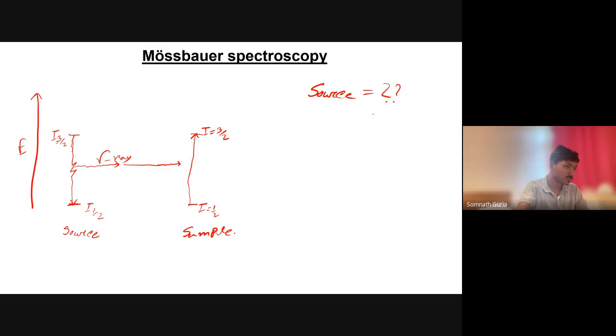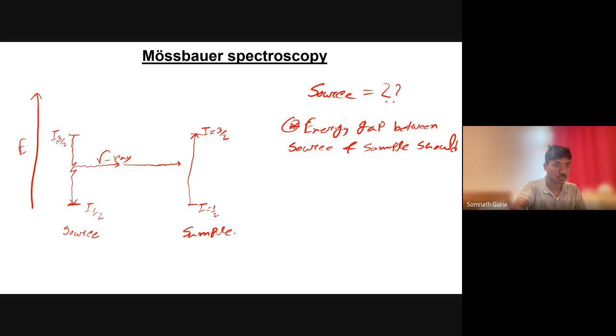The second point is the energy gap between source and sample, which should be similar. Otherwise, the sample cannot absorb my gamma ray.